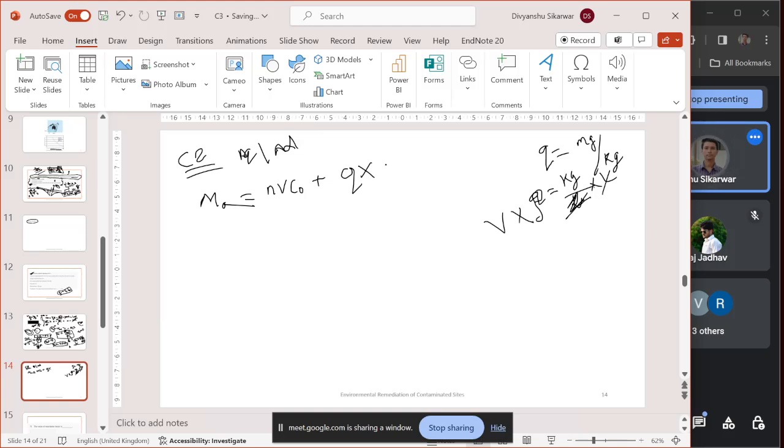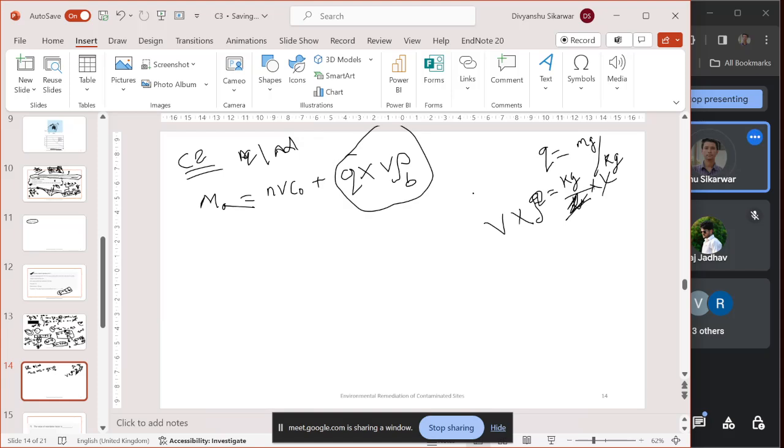So Q into V into rho. This will give us how much contaminant is adsorbed on the soil, right? Did you get this calculation?